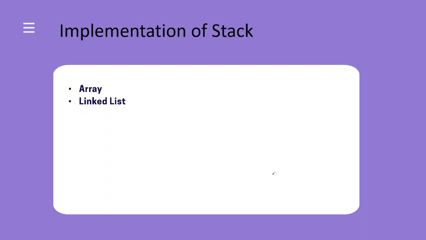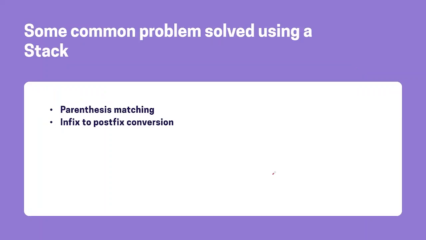We will see how to implement a stack using an array and a linked list in our next videos. Some common problems we can solve using a stack are parenthesis matching and infix to postfix conversion. These problems we will also see in the next video when we look at the code.